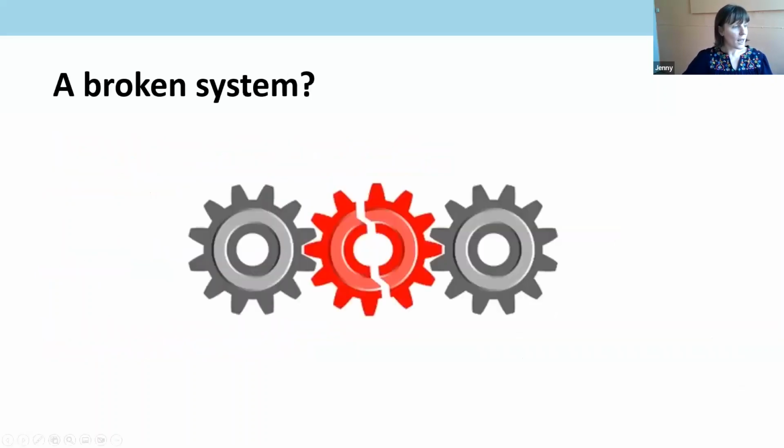And lastly, on the intervention, one of our key informants asked us a question, which was, what answers will you get from an evaluation about the impact, an evaluation of health visiting, if you're evaluating a broken system?